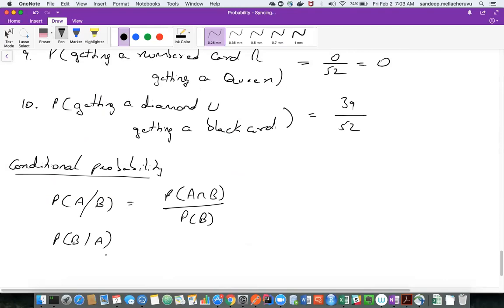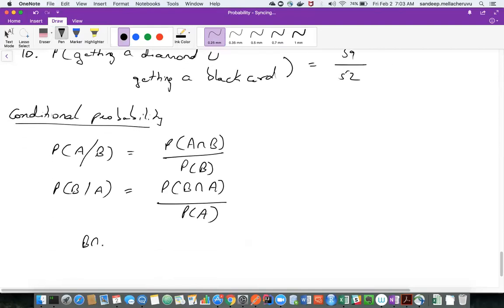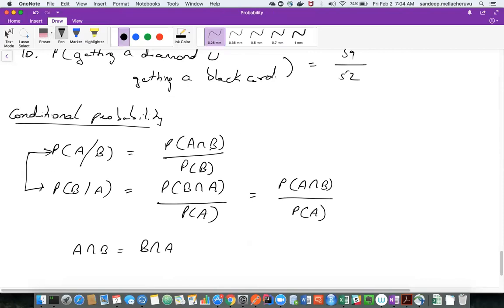Similarly, if I do probability of B given A instead of A given B, I can use the same formula, but here it is B intersection A by probability of A. But actually, A intersection B is equal to B intersection A. So here I can write, instead of probability of B intersection A, A intersection B by probability of A. If you see both of these formulas, the numerator is same, the denominator will come based on whatever is given.